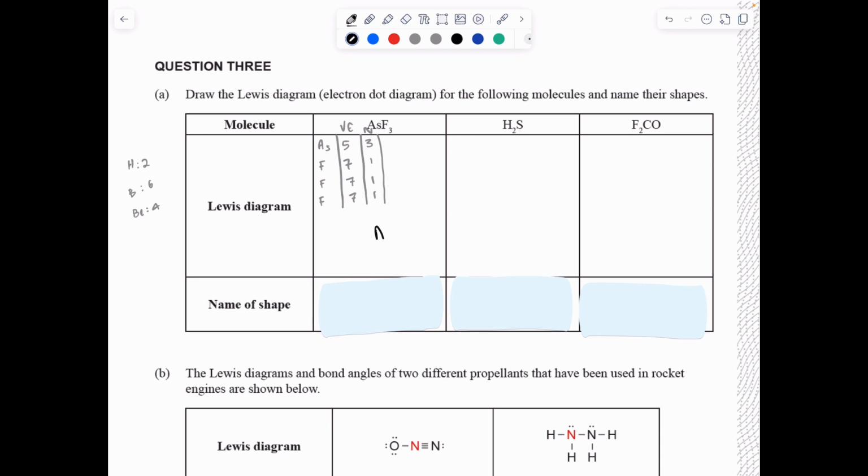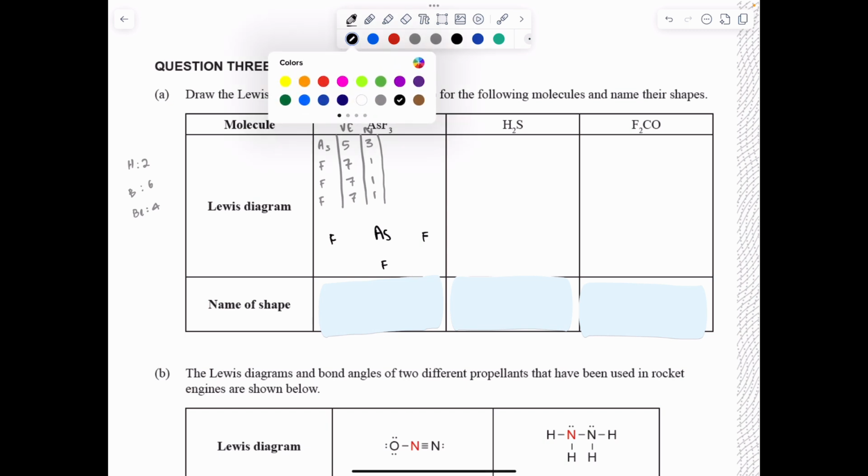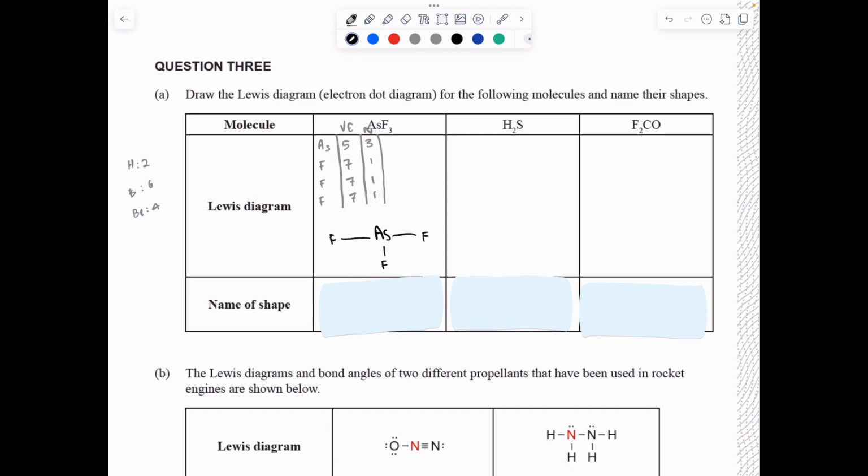So As goes in the middle and the rest goes around the outside. According to the needs column, As needs 3 bonds, so I'm going to draw that around As right now. Fluorine only needs 1 electron, aka 1 bond, and that's shown in the diagram.